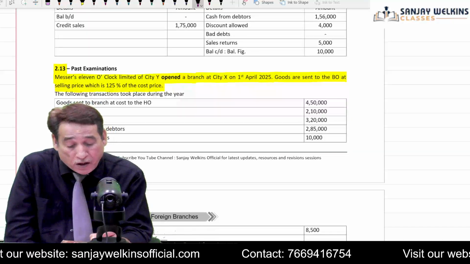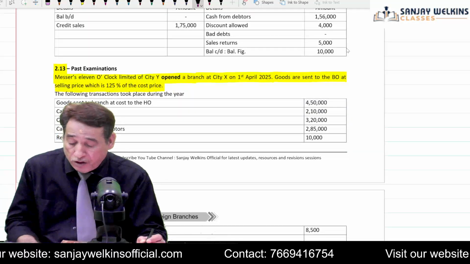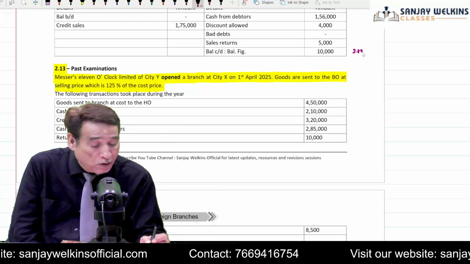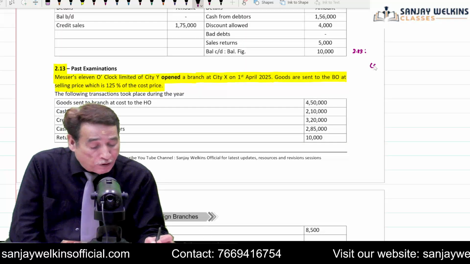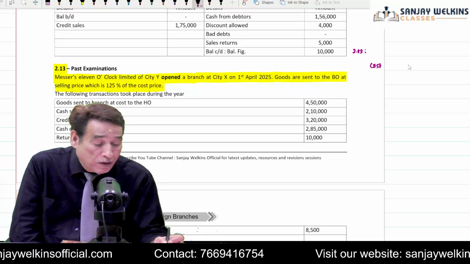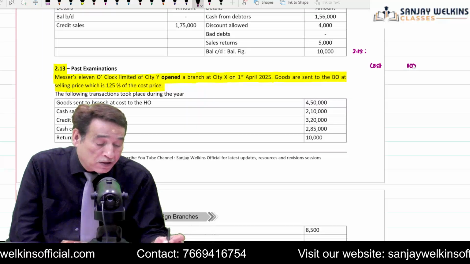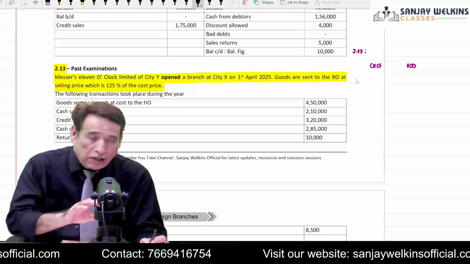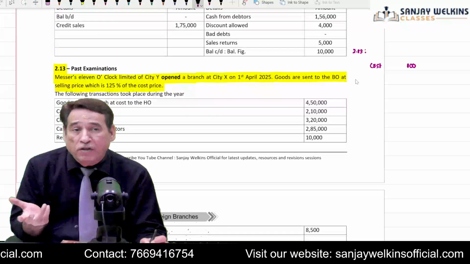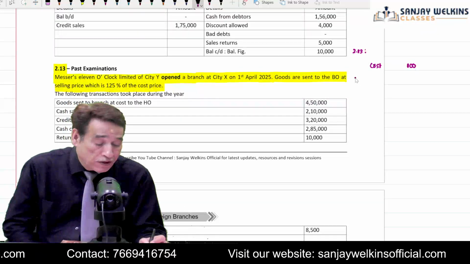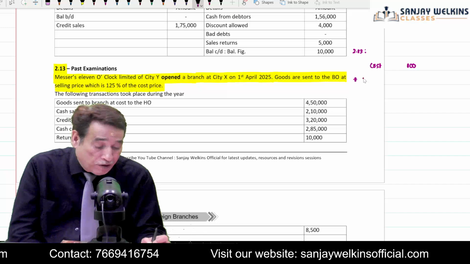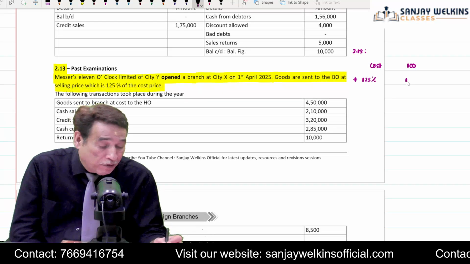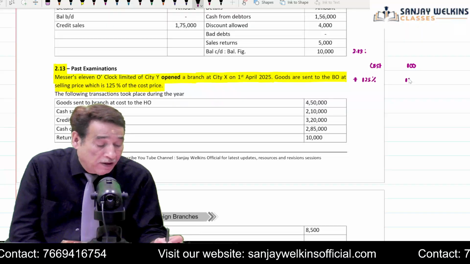What does it mean? In this particular question, it means if your cost is 100, and the question states that goods are being sent at 125% of the cost price, so first I compute 125% of the cost price. 125% of 100 will be equal to 125.